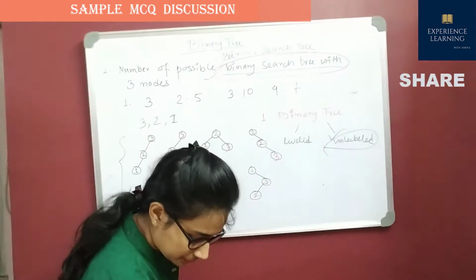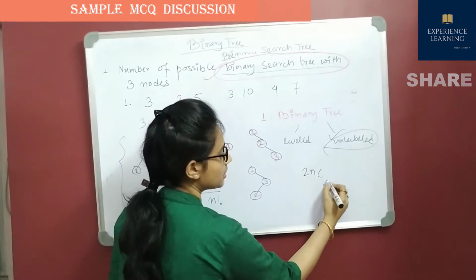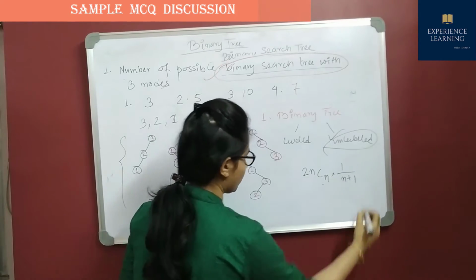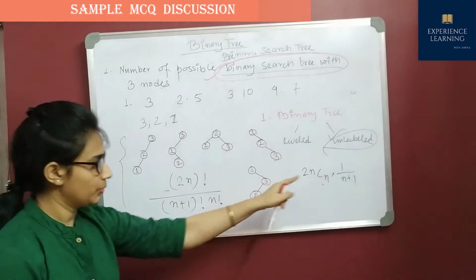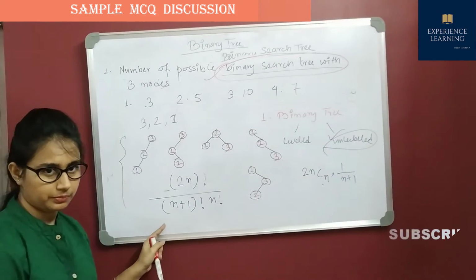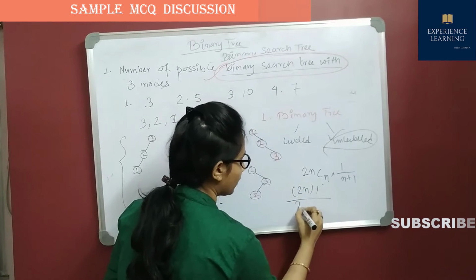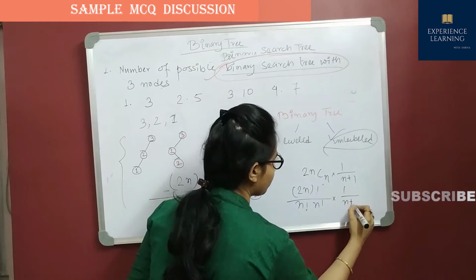Or you can write it as 2n C n into 1 by n plus 1. Both of these are actually the same. If you derive this, you will get this one. How? 2n C n into 1 by n plus 1.